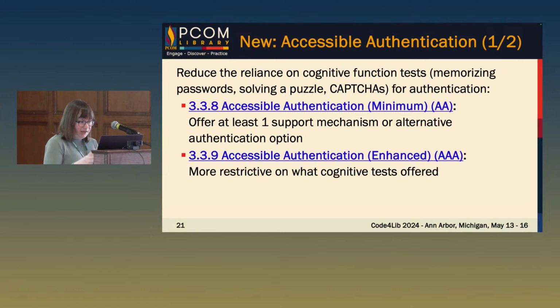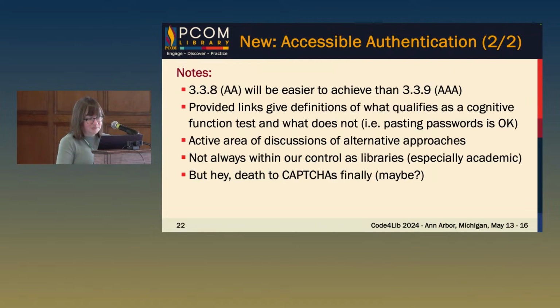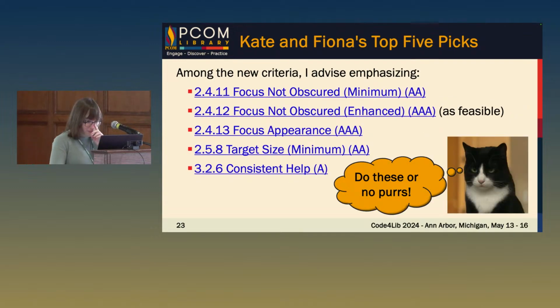And there's also a AAA, which basically says, you know, more restrictive. And of course, it's going to be easier there. This has a lot to talk about. By the way, pasting passwords from a password manager is an acceptable version for this. That is huge. They just don't want people to block pasting in a password input. But maybe we'll finally have the death of CAPTCHAs.